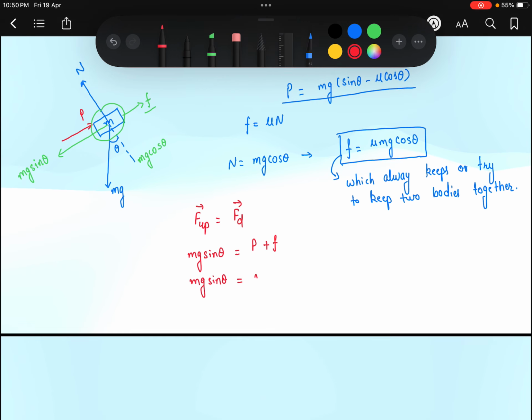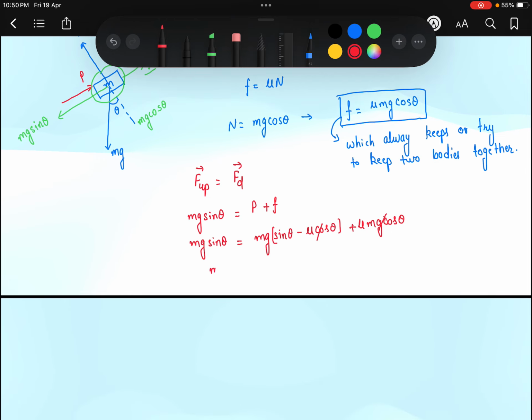That is mg sine theta minus mu cos theta, okay, plus mu mg cos theta. So this term will be cancelled out. We will be getting here mg sine theta will be equal to mg sine theta.